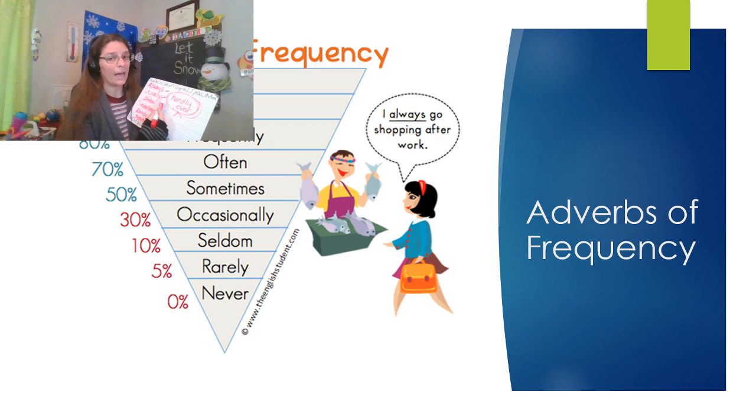Sometimes something might happen to mix it up, but it's usually what you do. Sometimes is something that you do maybe 3 times a week, 2 times a week. Rarely, actually, hardly ever, is something you do maybe once or twice a month, maybe once a week, but it's not something you do all the time. And of course, never means never.